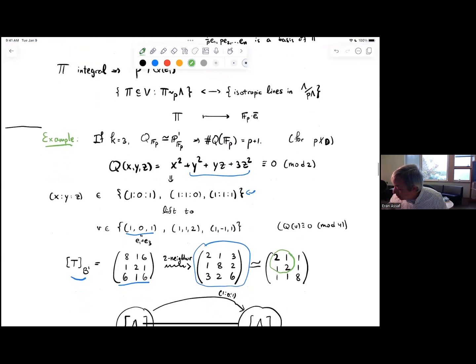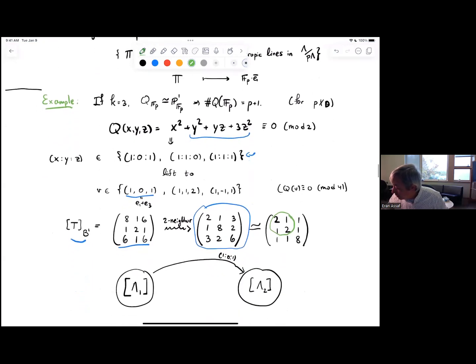Now, what does it tell us? So we started with some lattice, this lambda 1. We took a two neighbor using an isotropic vector mod 2, and we ended up with a different lattice, which is not isometric to the one we started with.